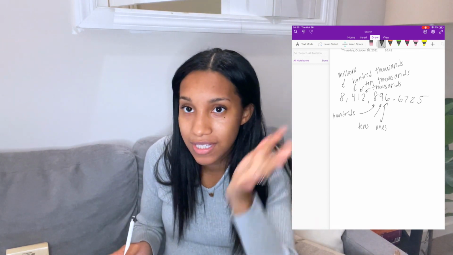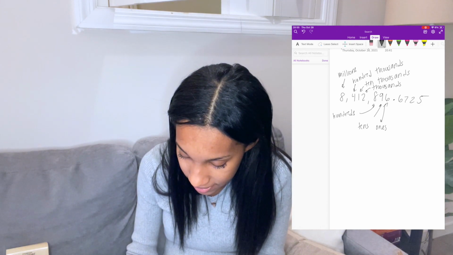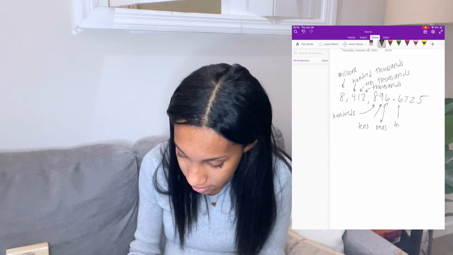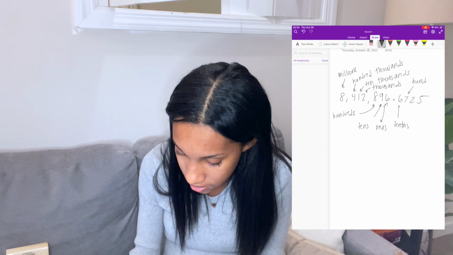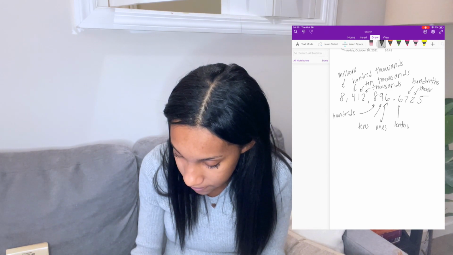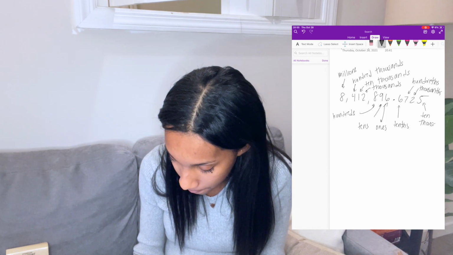And then the decimal is going to pretty much mimic your whole numbers. It's just going to skip over the ones and go straight into tenths. So it's going to be tenths, hundredths, thousandths, and then 10,000ths.